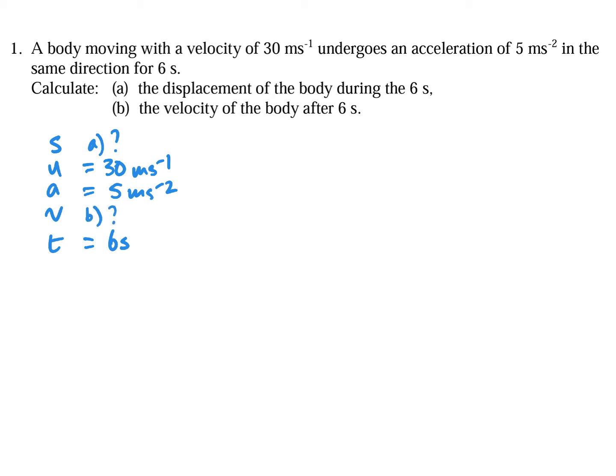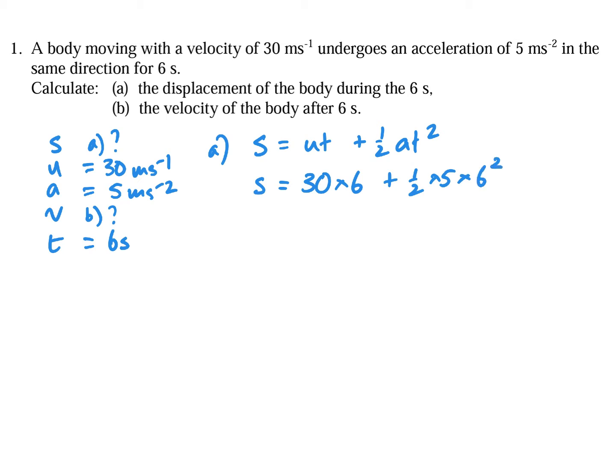So for part A, if we look at U, A and T, you can flick back to the previous page if you want. But the equation which links U, A and T with S is S equals UT plus a half AT squared. So substitute. Don't do any rearranging algebraically. Substitute in what you know, 30 times 6 plus a half times 5, and remember to show your substitution.